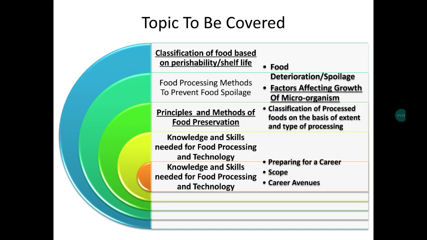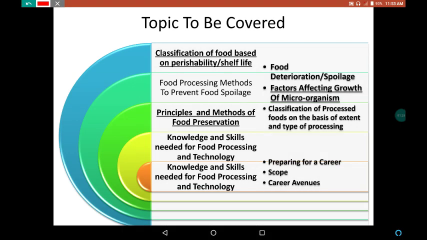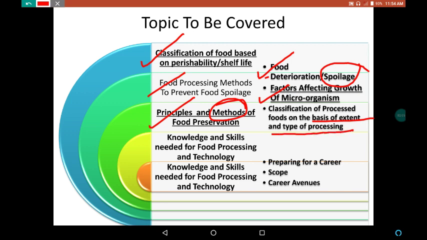The topics to be covered in this video are classification of food based on perishability or shelf life of the food product itself, food deterioration or food spoilage, food processing methods to prevent food from spoilage, factors affecting the growth of microorganisms, principles of food preservation and methods of food preservation, classification of processed food on the basis of extent and type of processing, knowledge and skills needed for food processing and technology, preparing for a career, scope and career avenues.